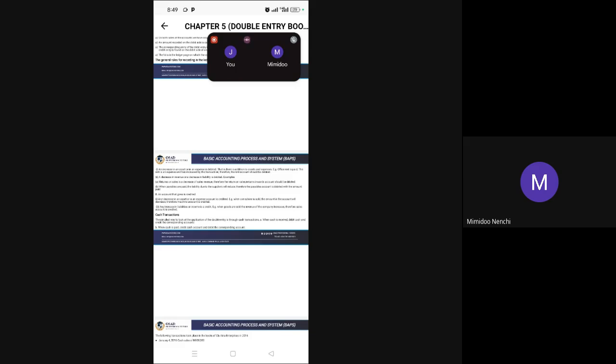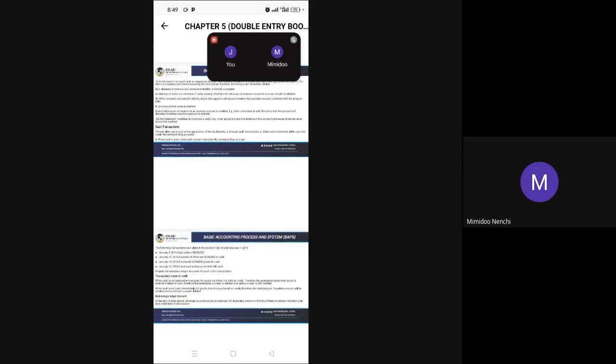When there is payment of cash, you what? When cash is paid, you credit your cash account and you debit the corresponding entry.